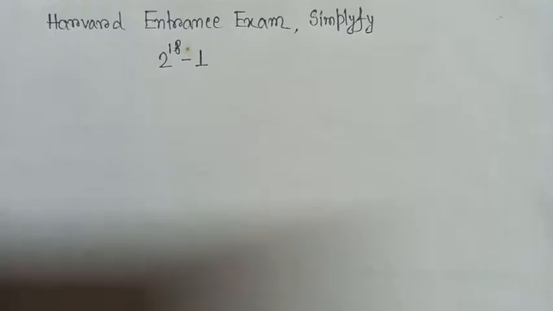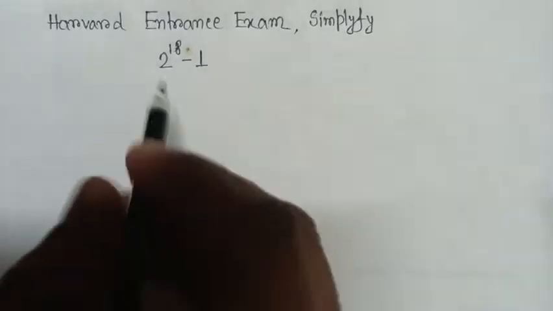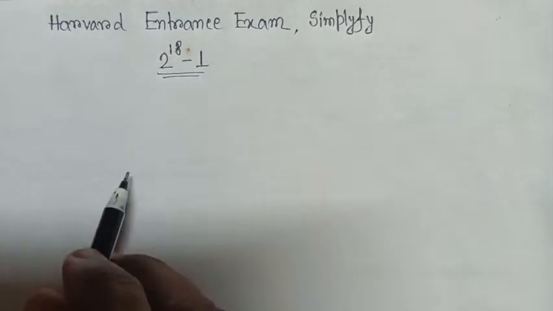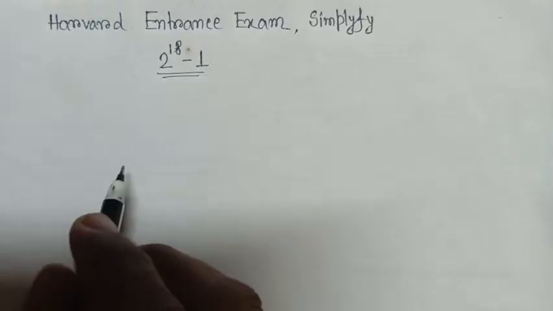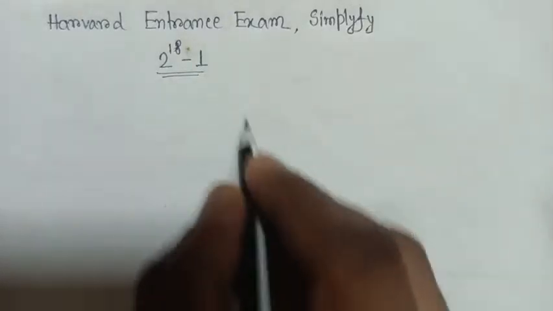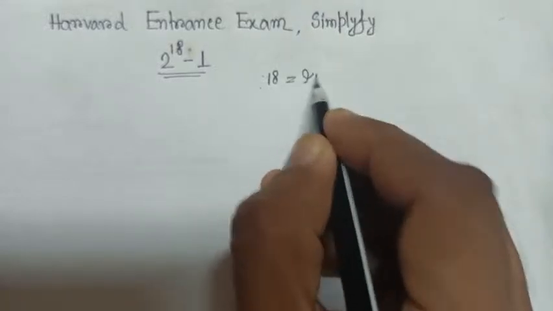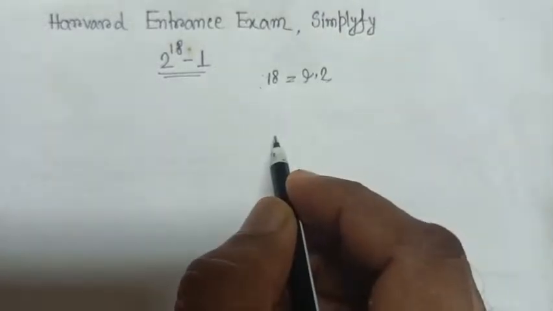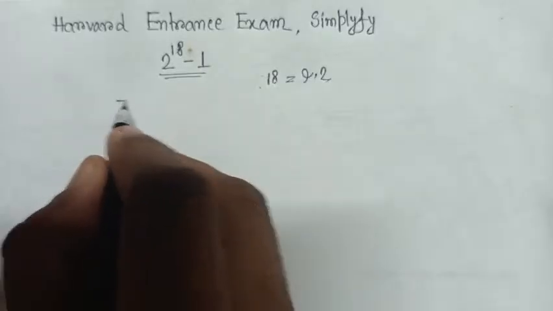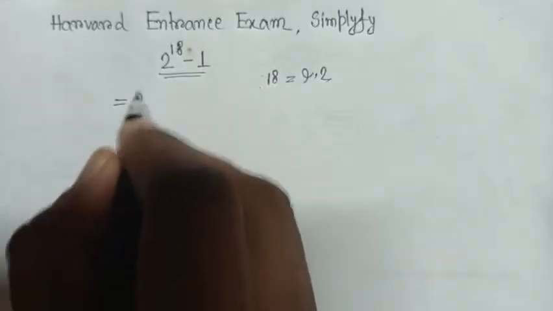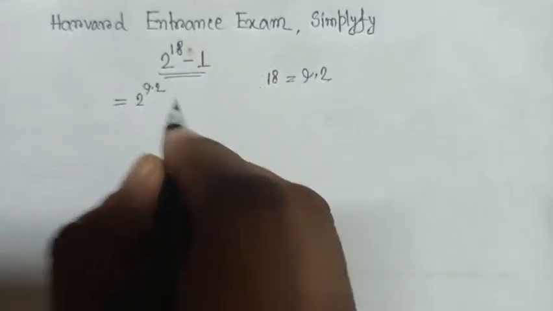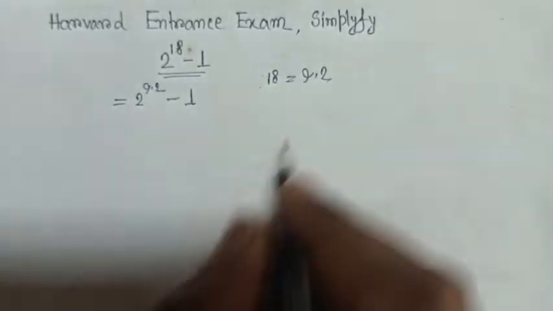So we can find this solution in several ways. I am showing one of these. So we can express 18 as 9 times 2. So we can write this as 2 to the power 9 times 2 minus 1.